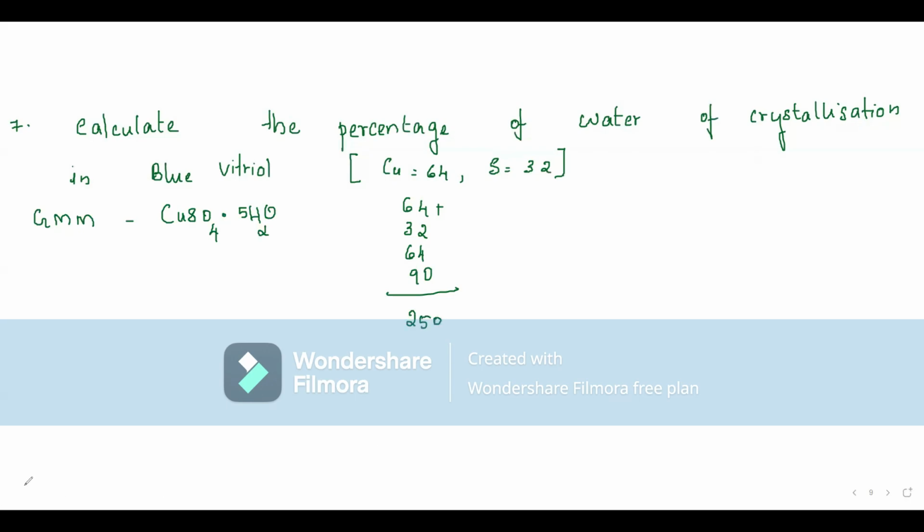Now, percentage of water. Percentage of water is equal to weight of water into 100 by GMM. Actually, weight of water in blue vitriol. So that is 90 into 100 by 250.